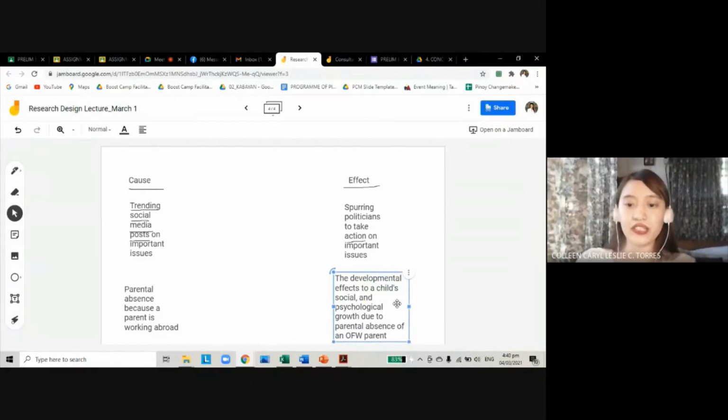So I think this is clearer. So we are trying to investigate this. So the question is, what are the developmental effects to a child's social and psychological growth due to parental absence of their OFW parent, right? So with that is what we are trying to determine.